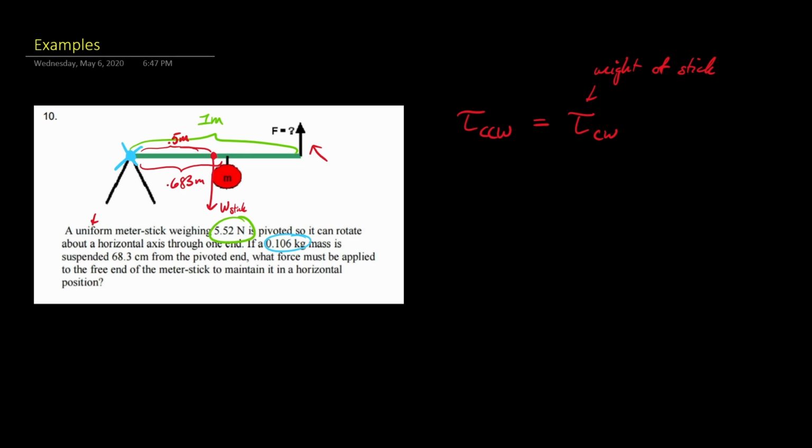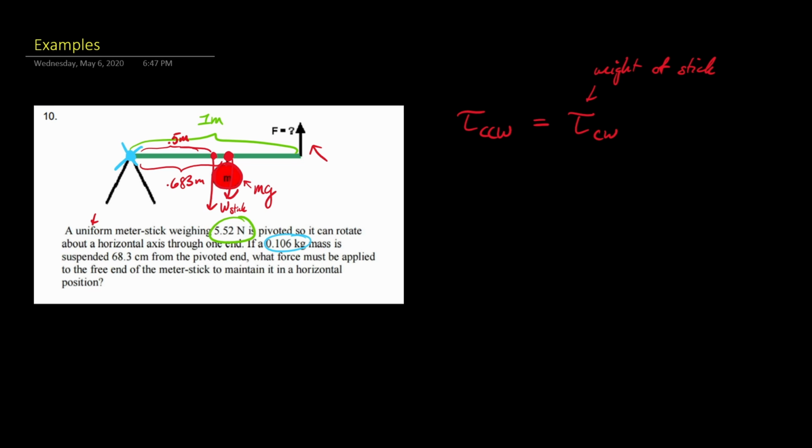Okay, next let's do this hanging mass. We're given where its pole is located. It's at 0.683 meters, and it's of size little m times g, this force right here. And again, that's because the weight is a force. It's how hard gravity is pulling on this object. The size of the weight force is not the mass of the object. You have to multiply it by 9.8 to get the force in newtons.